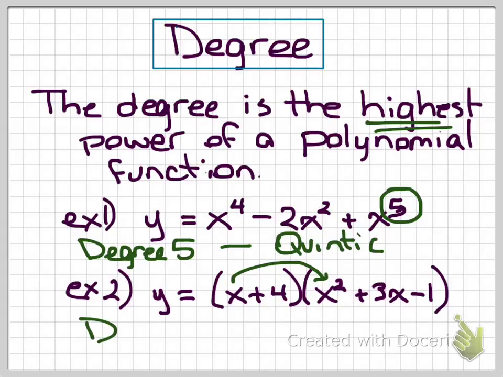That would be our highest power, so we would have a degree of 3. And since we have a degree of 3, we know that this is a cubic function. We can also have quartic functions and quadratic functions and linear functions, which you're also very familiar with. There are others, but we don't usually take the time to name them specifically.